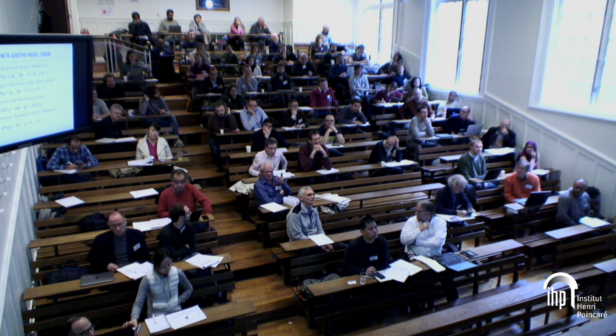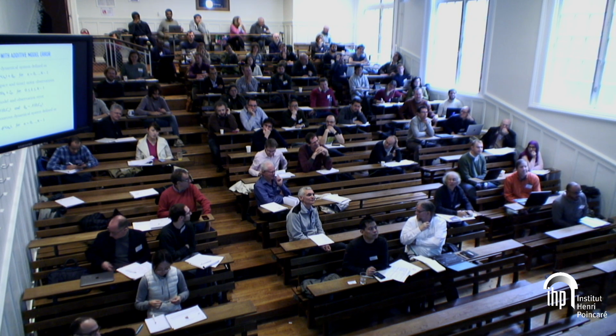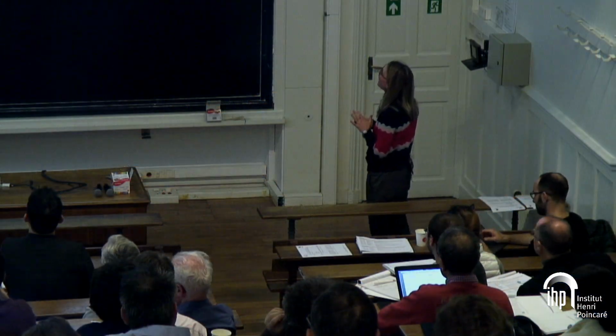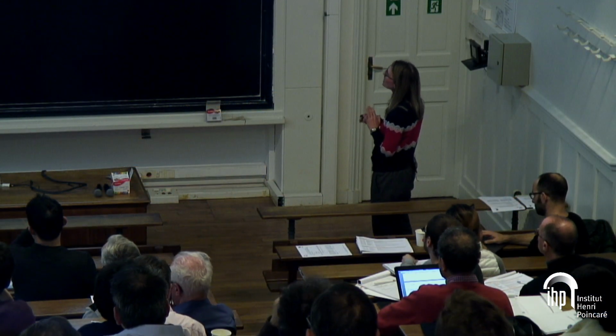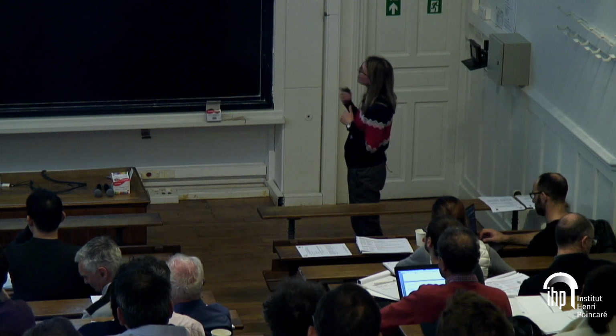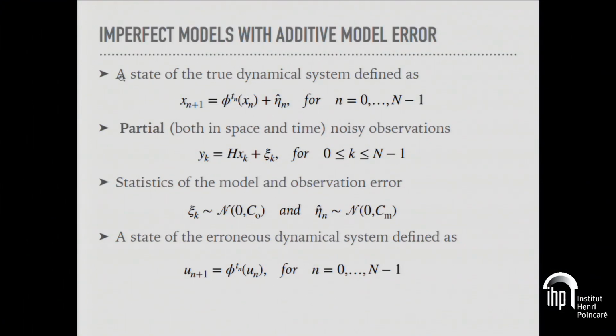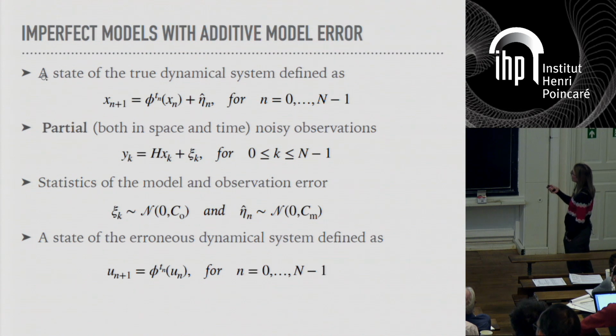That's the scheme that I showed. So we say that the state of the true dynamical system is stochastic. We have this additive noise, eta hat, and eta hat is the true noise. Then we again have partial observations. What we do know are the statistics of the model and observation errors.